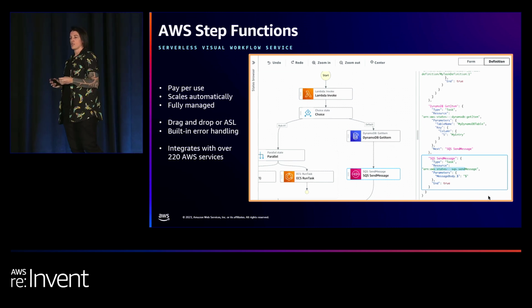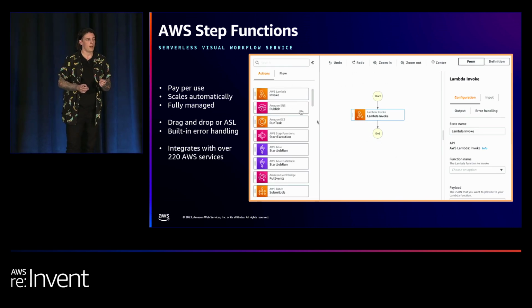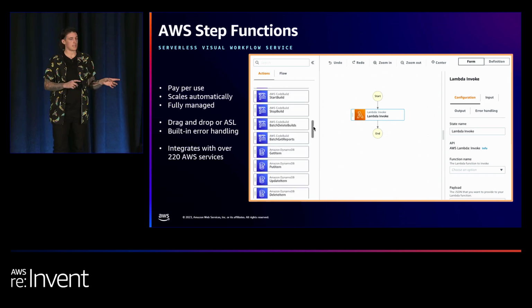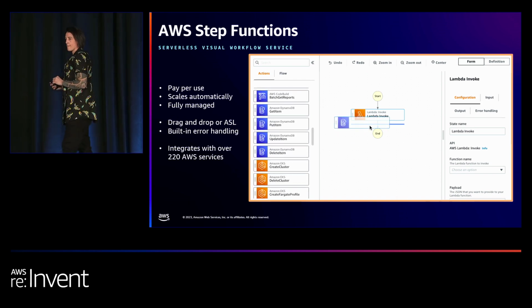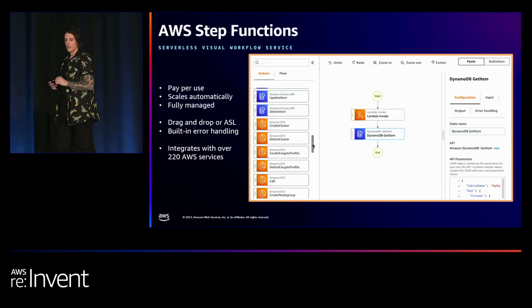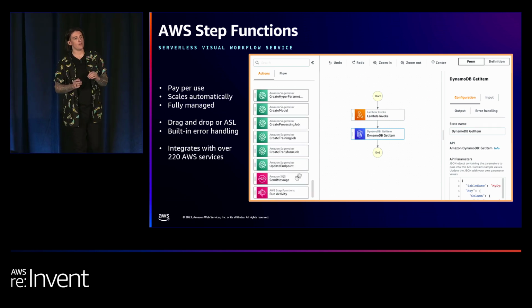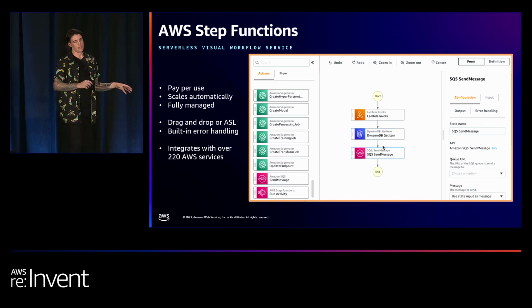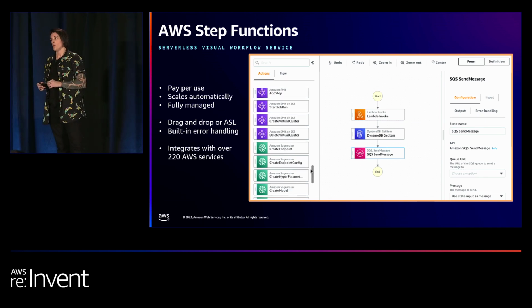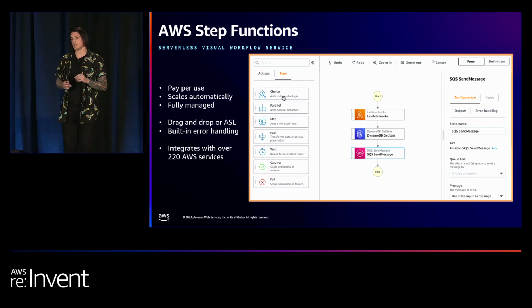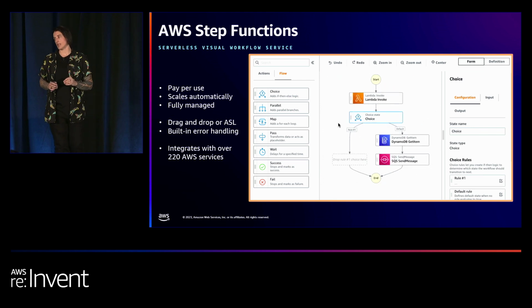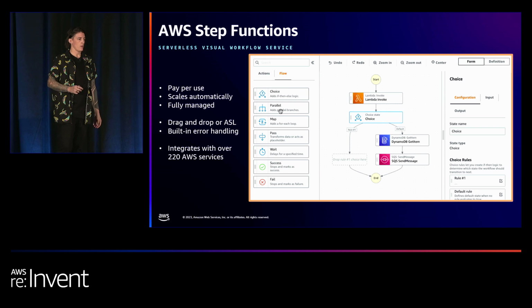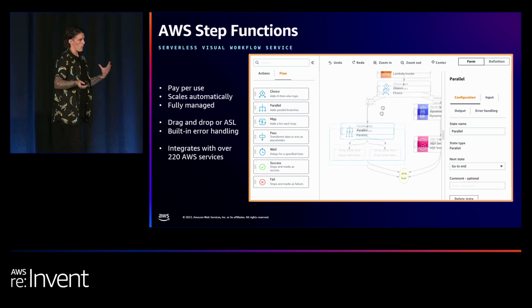AWS Step Functions is serverless, so you only pay for what you use. It scales to 0, and it's fully managed. Now, if you don't want to use the visual build experience and you have a preference for code, you can do so. So Step Functions uses the Amazon States Language, or ASL, and that is our domain-specific language, our domain being workflows.